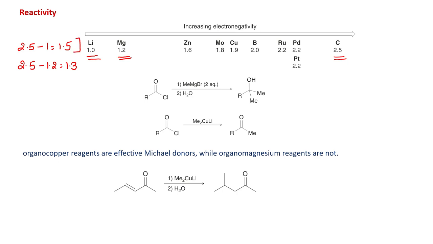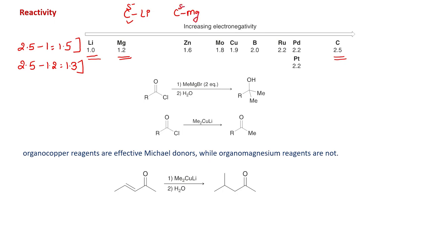This difference is large. This means that in carbon-lithium, the magnitude of negative charge on carbon is very high compared to carbon-magnesium.